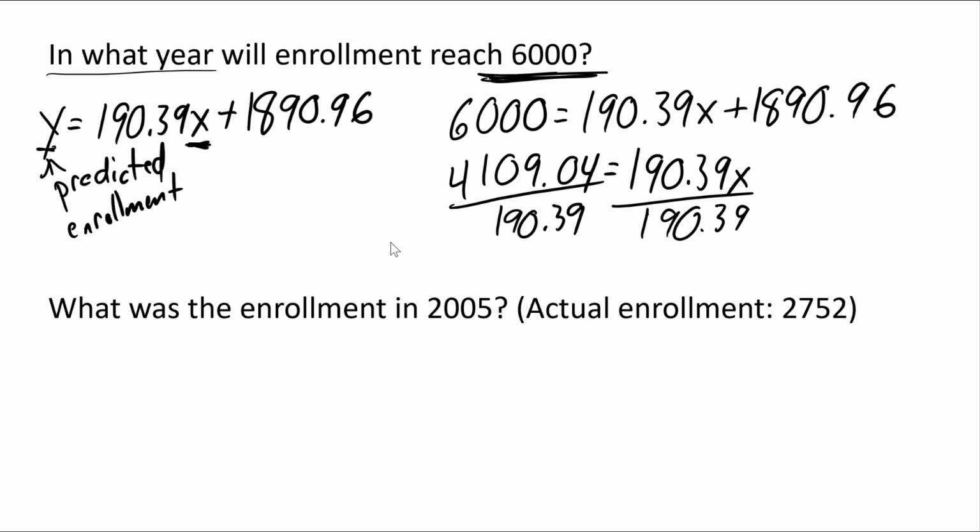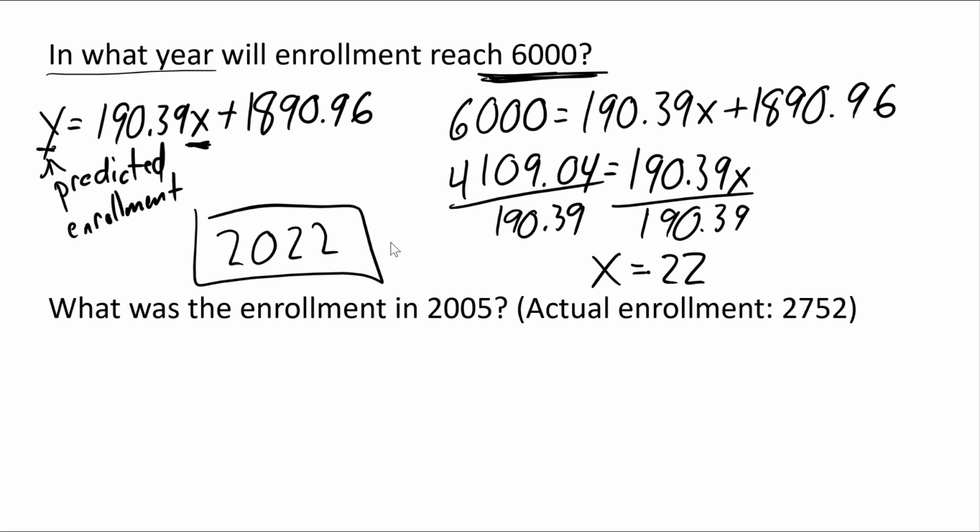And that is going to give us an x value of about 22. So remember that x is the number of years since 2000. So if our x value is 22, that's 22 years since 2000. So that would be the year 2022. So we predict the enrollment would reach 6,000 in the year 2022.